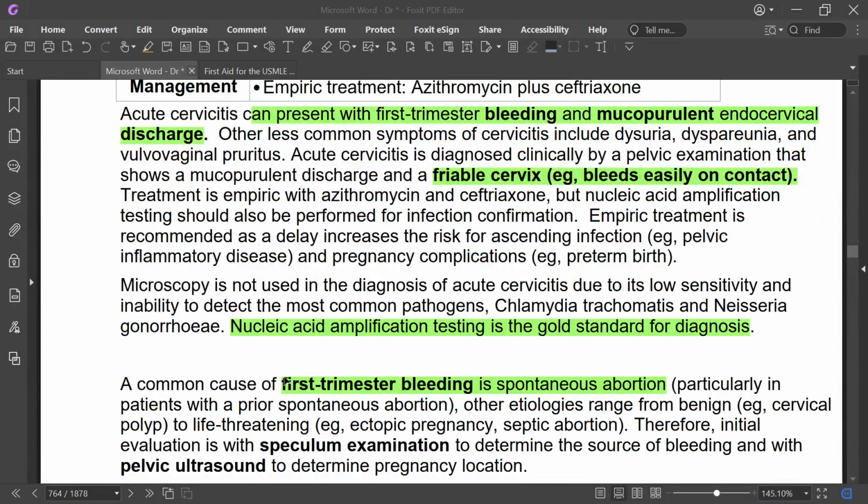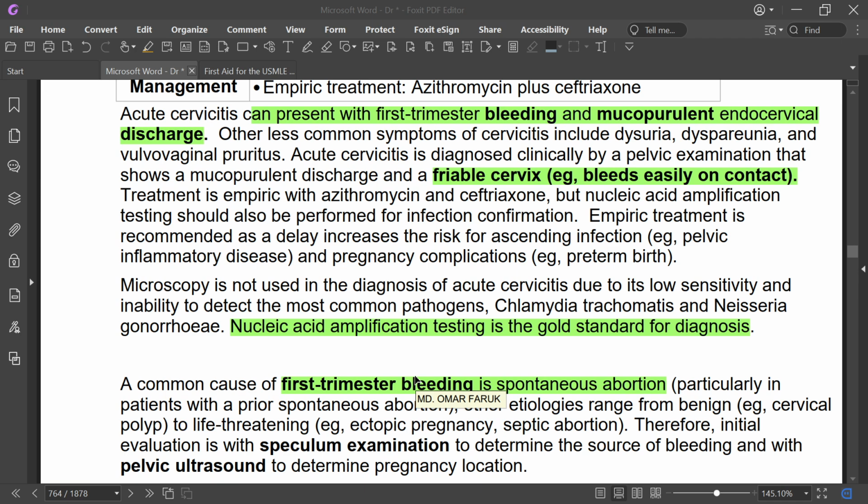A common cause of first trimester bleeding is spontaneous abortion, and other etiologies range from benign cervical polyp to life-threatening ectopic pregnancy and septic abortion. Spontaneous abortion is the most common cause of first trimester bleeding.